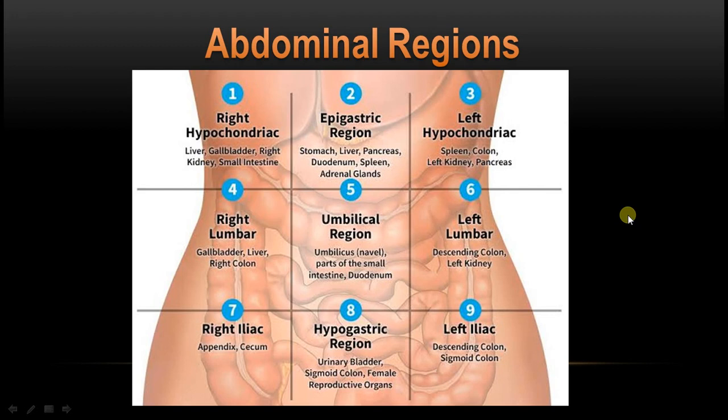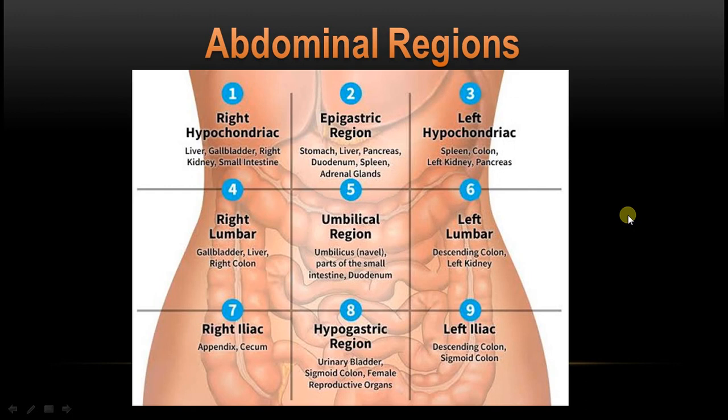Above, in the midline, you have the epigastric region, and on either side you have the right and left hypochondriac regions. Hypochondriac means below the ribs or the costal cartilages. In the middle you have the umbilical region, and on either side you have the right and left lumbar regions, because they are present on either side of the lumbar vertebra.